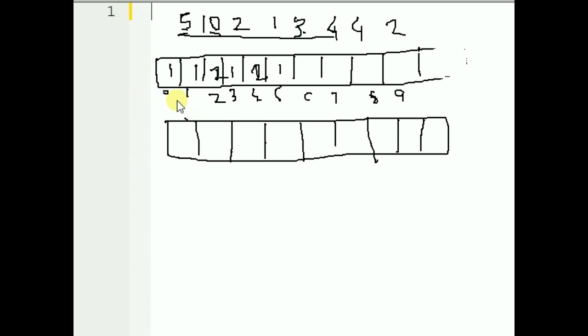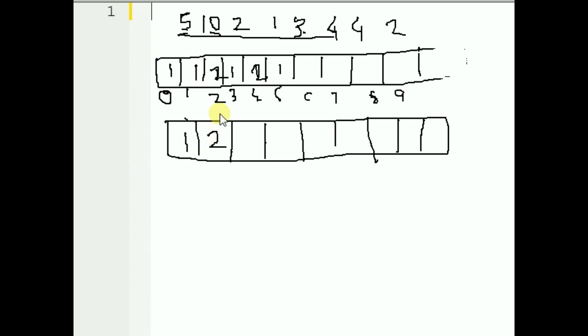If it's 0, the number of elements less than or equal to 0 is 1, so we write 1 here. The number of elements less than or equal to 1 is 2, 1 for 0 and 1 for 1, so it's 2 here.